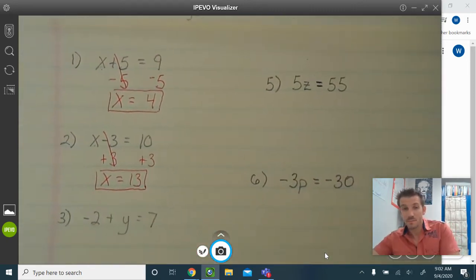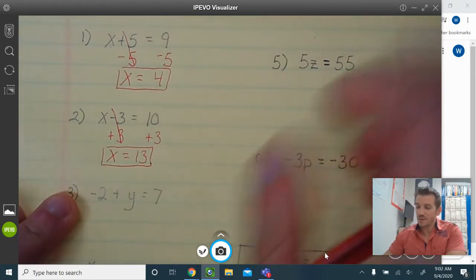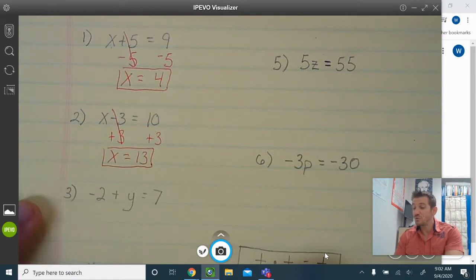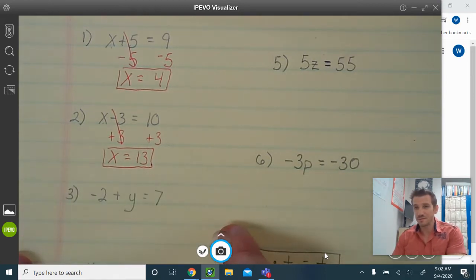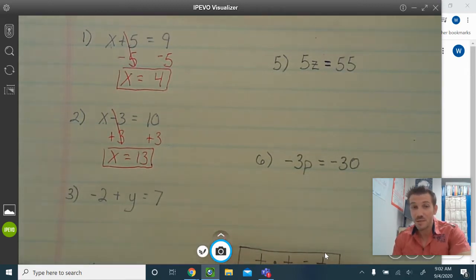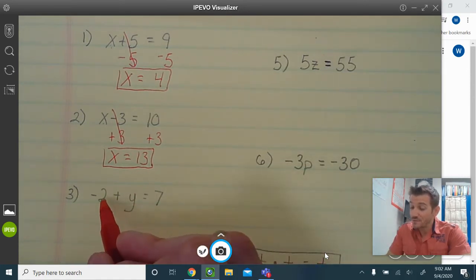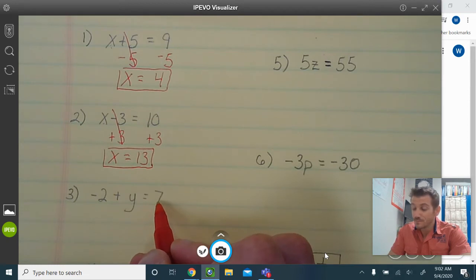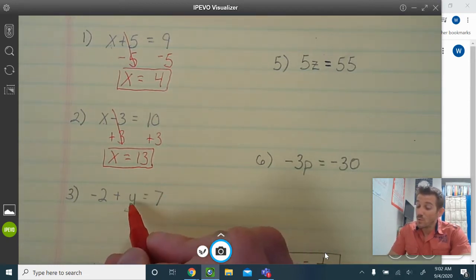All right. Moving on to our next problem. I gave this one to us because it's almost exactly the same as number 2, but it's written differently, and this kind of freaks people out sometimes. So, for example, I have negative 2 plus y, our variable, equals 7. Well, the y is fine.